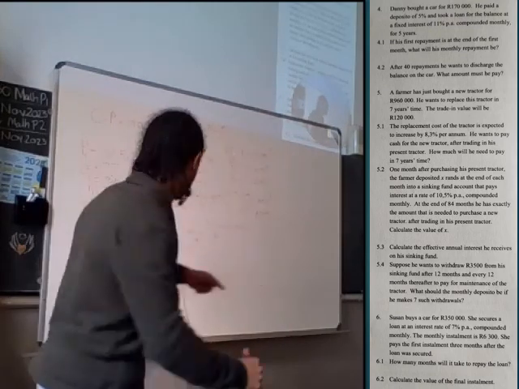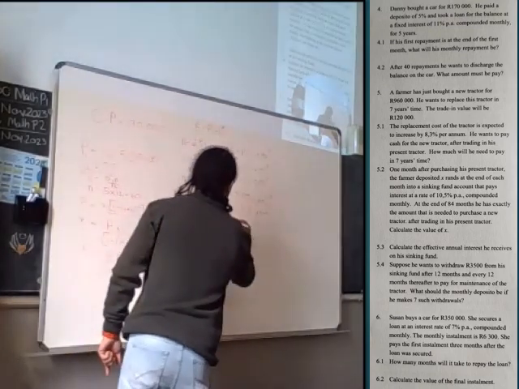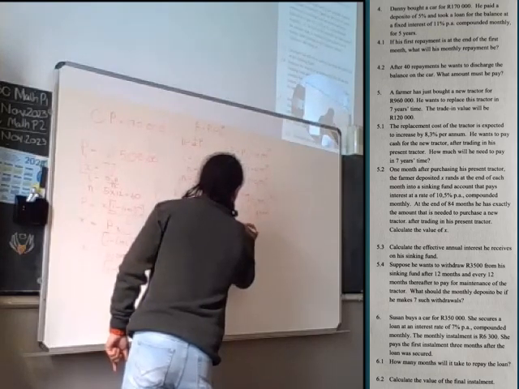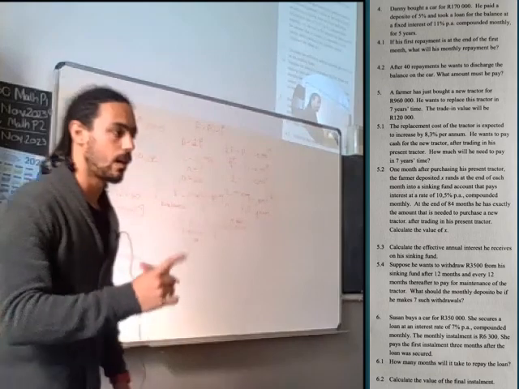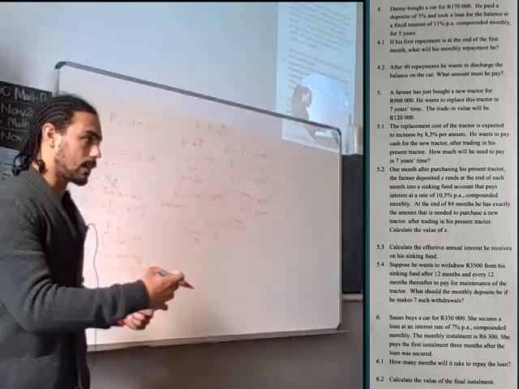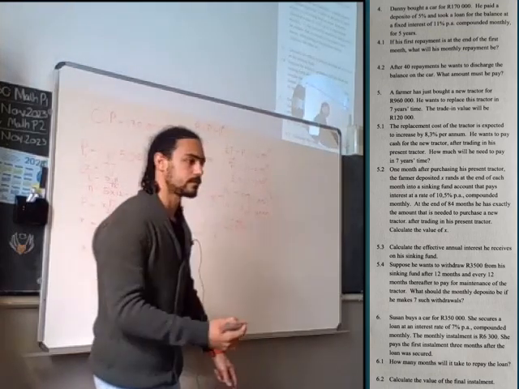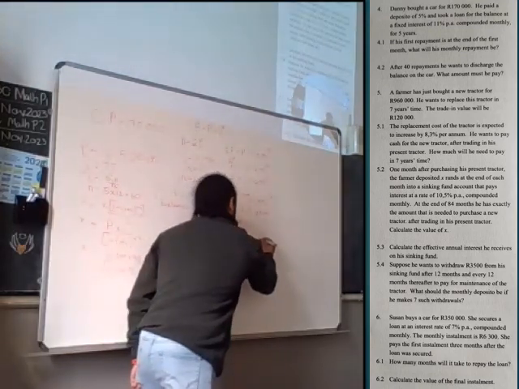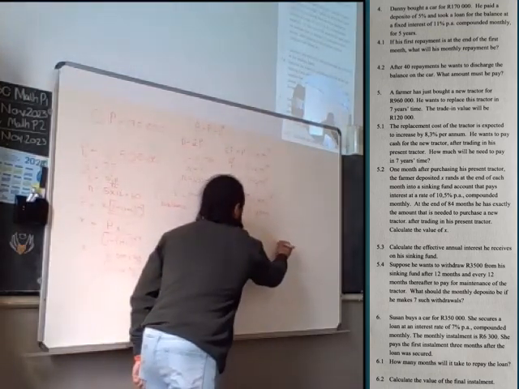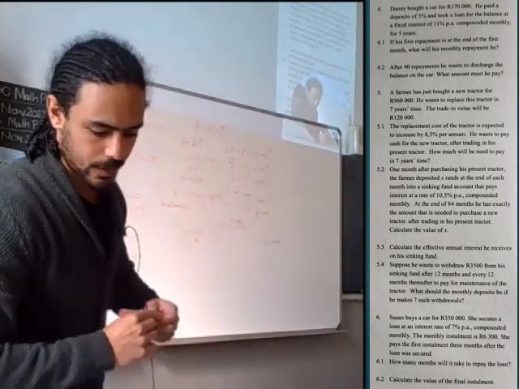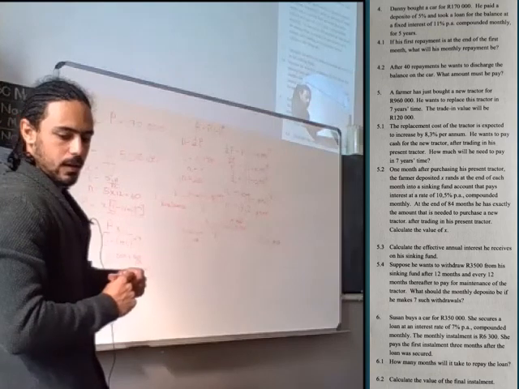That gives me what? The cost price of a new tractor. No? But what are we going to do? We're going to take the current tractor and sell it. And what are we going to get for that current tractor? We're going to get 120,000. All right, so let's look at our value there. What do you get?